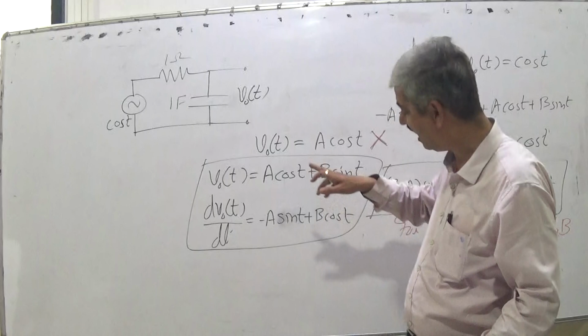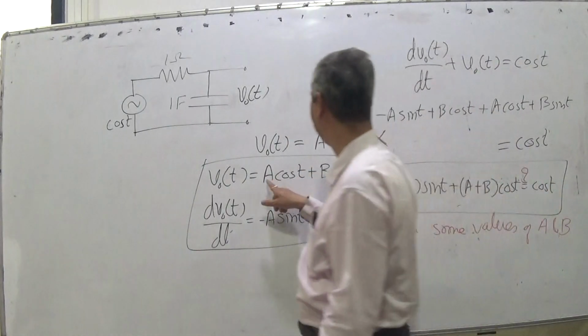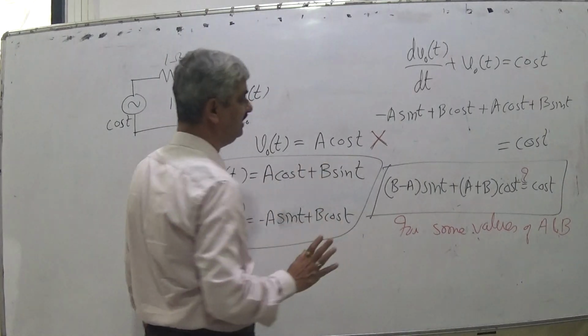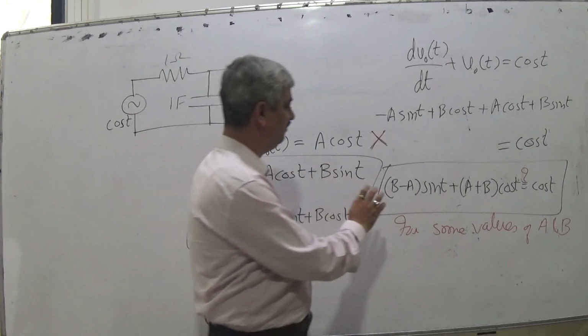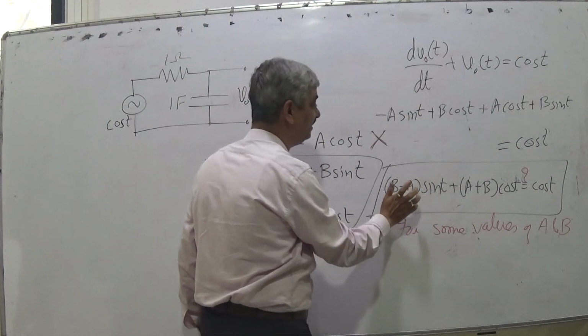So I have said this time that A cos t plus B sin t is a solution. If I put that solution in this differential equation, I get this equation.